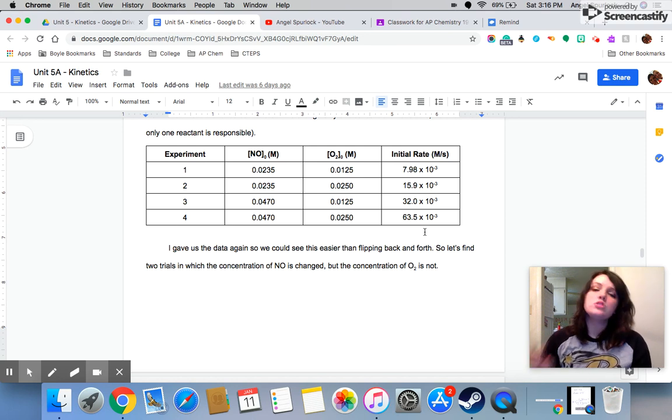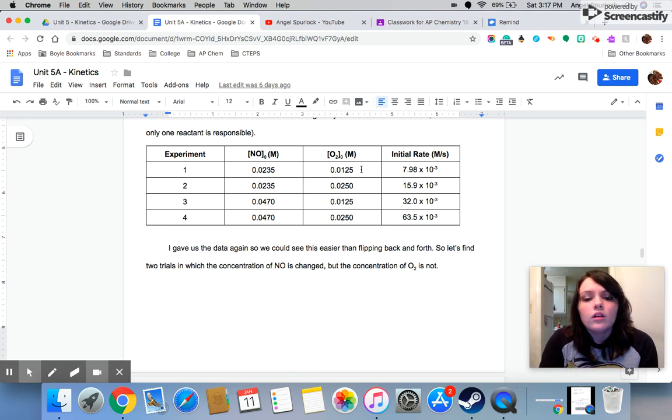So let's find two trials where the concentration of oxygen changes in some way, but the concentration of NO does not change, because we already know how NO affects the rate. Now we just want to know how oxygen affects the rate. We need a constant variable, right?